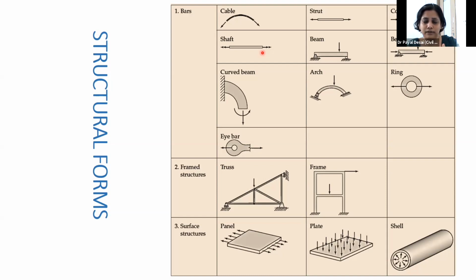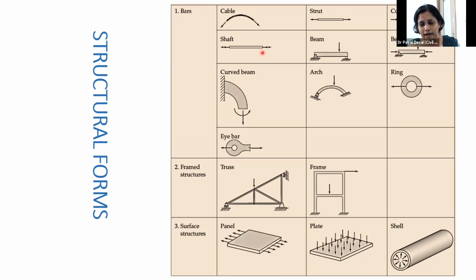In contrast, if two members such as a beam and a column are connected with rigid joints, and they are able to take bending and moments along with axial loads, we call it a frame. Most of you must have seen the analysis and design of these structures at your undergraduate or maybe even postgraduate level.